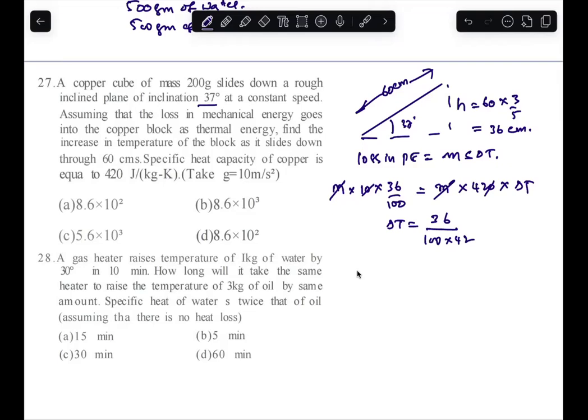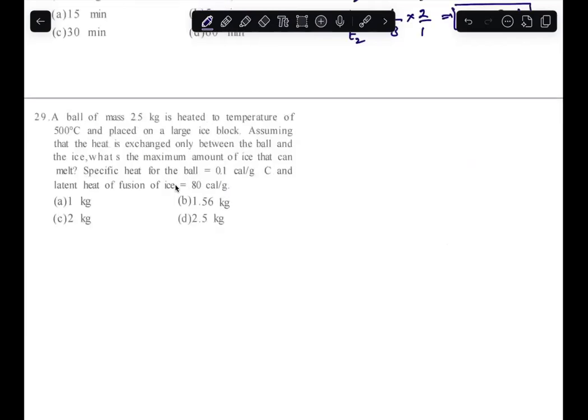We have question number 29 to share. Right. So question number 29.